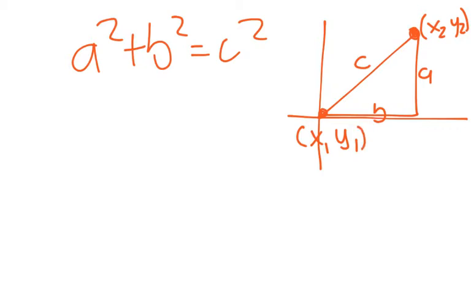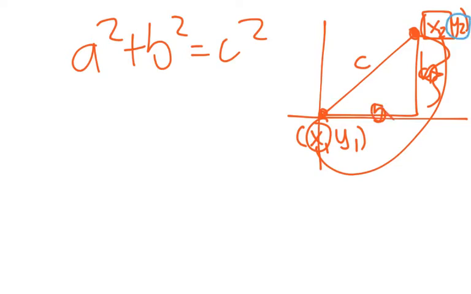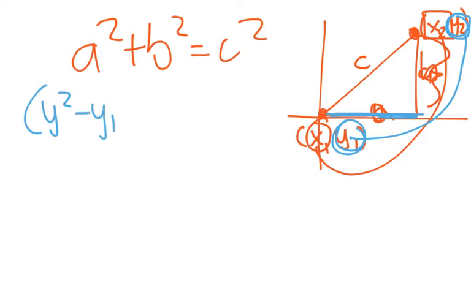And if we realize that A is the same as x2 minus x1, or B, it really doesn't matter, switch the order, we'll call that B and that A. And then this distance is y2 minus y1.